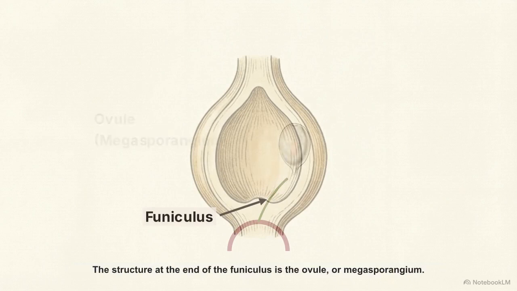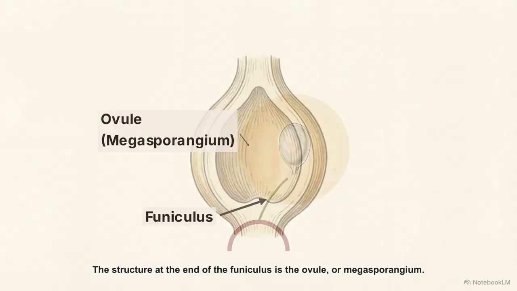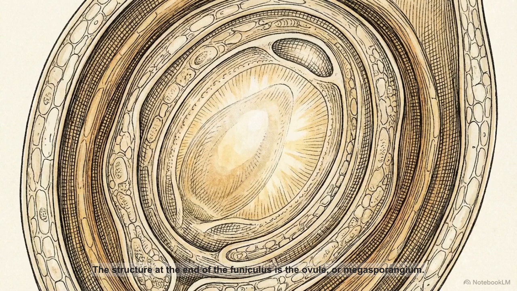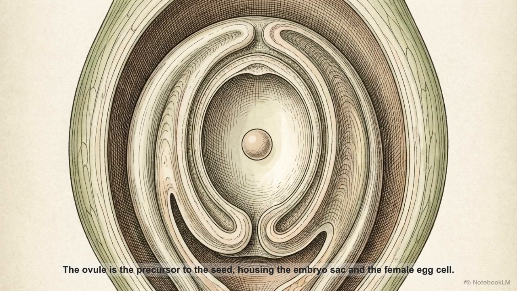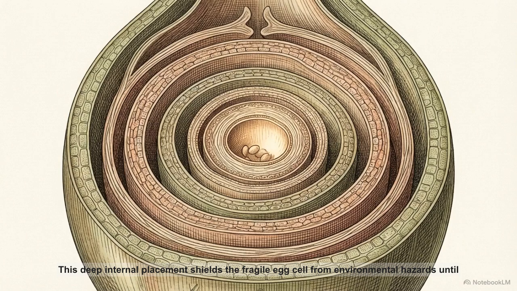The structure at the end of the funiculus is the ovule, or megasporangium. The ovule is the precursor to the seed, housing the embryo sac and the female egg cell. This deep internal placement shields the fragile egg cell from environmental hazards until the moment of fertilization.